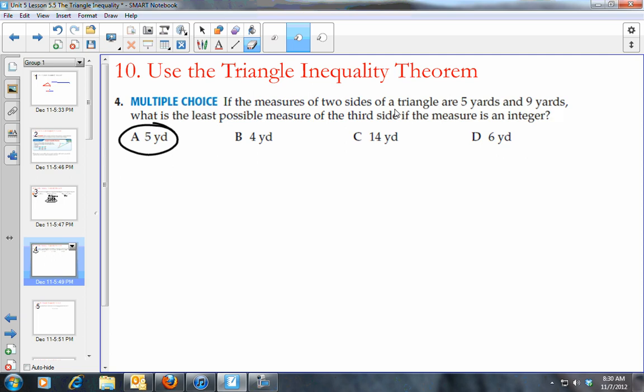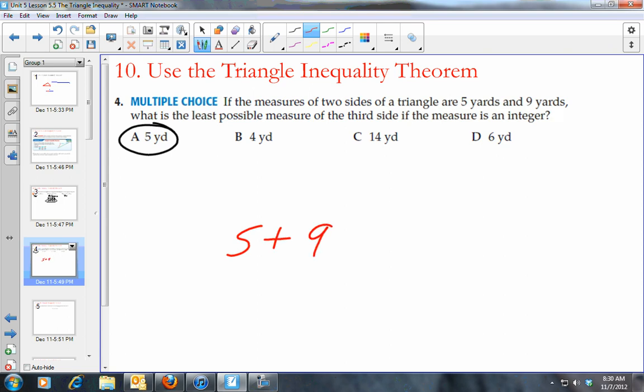Okay. They don't ask us this, but what's the biggest that third side could be? So instead of pretending that the third side is the smallest, what if they asked us what's the greatest possible measure of the third side?